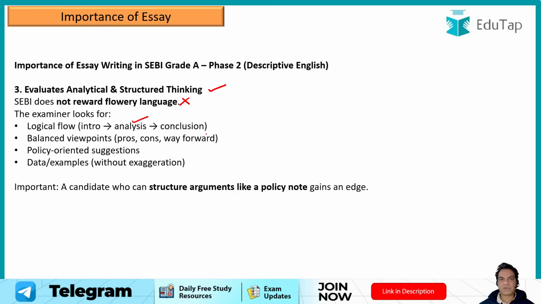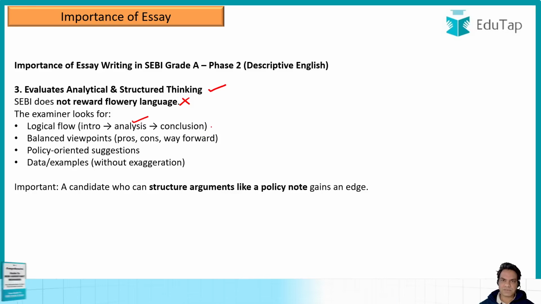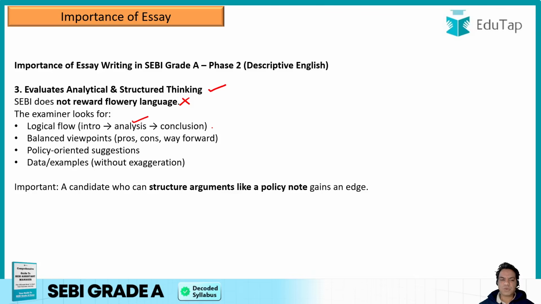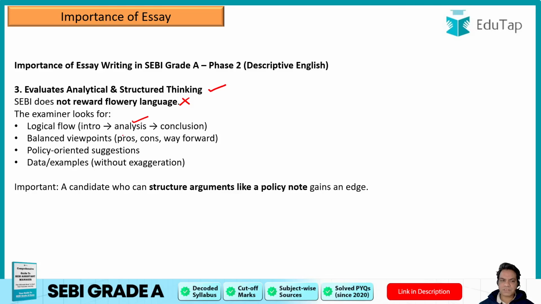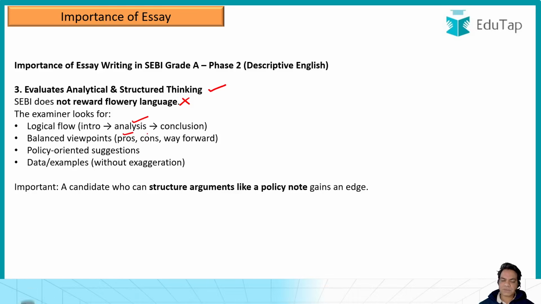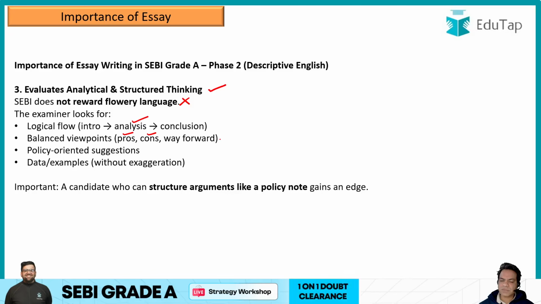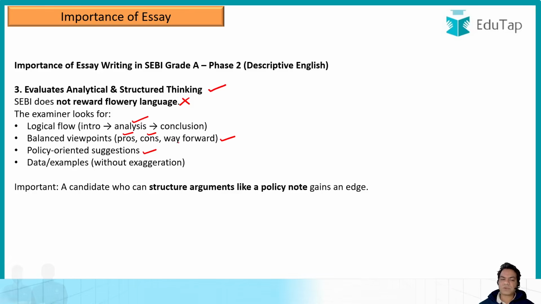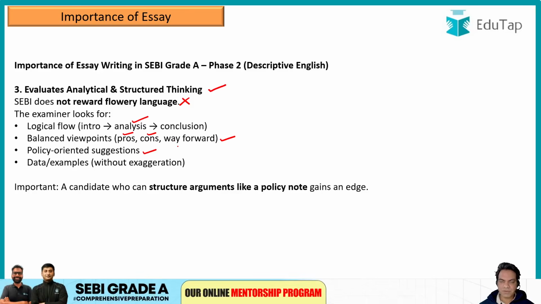You should not be too critical, and you should not be too appreciative. Your tone should be very neutral. So you should be able to present pros, discuss cons, and also present the way forward, what can be done in this regard. Policy-oriented suggestions are expected from you as a regulator.